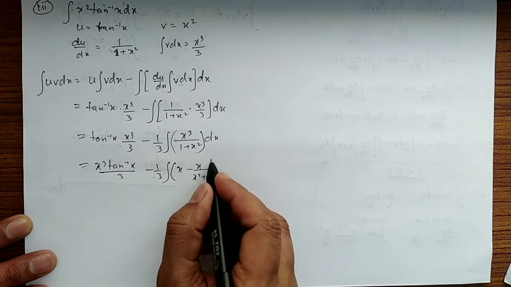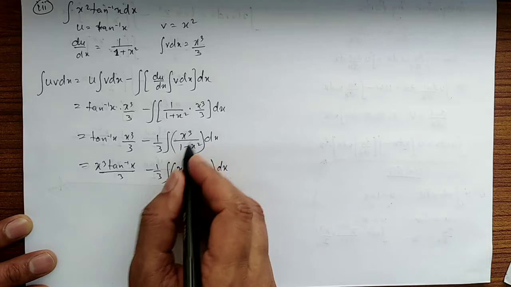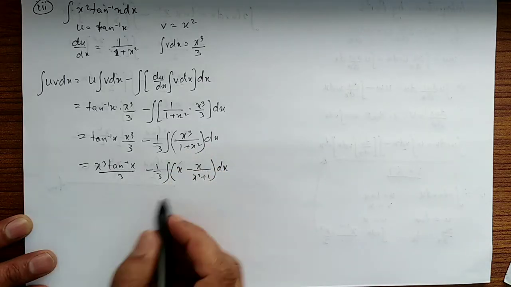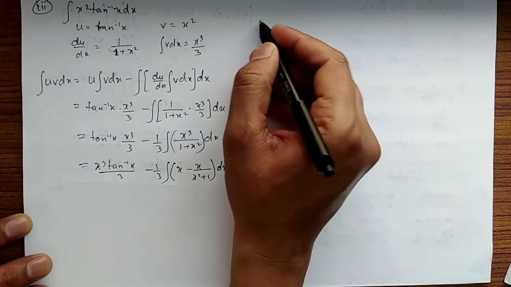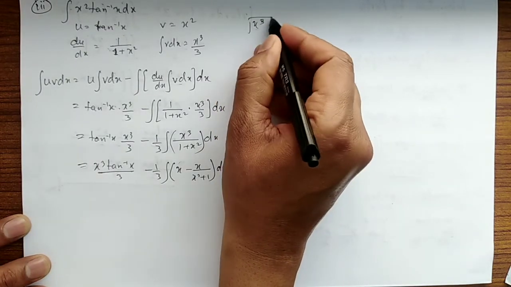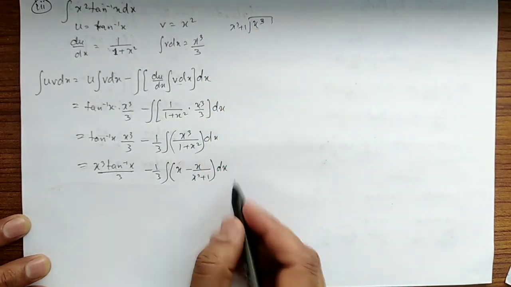If you are confused, how do I obtain this part? Let's do it up here. Just divide this x cube by x square plus 1, so you will get this part.